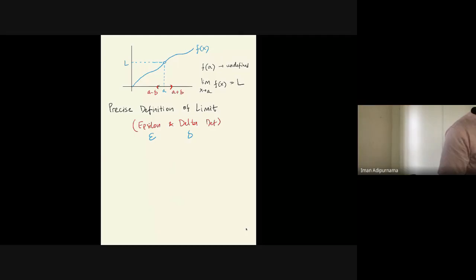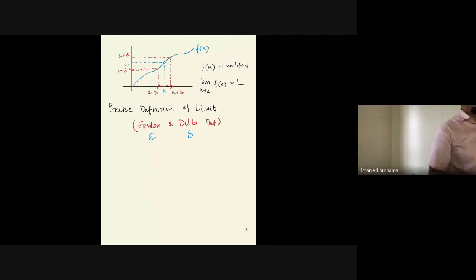This area here. So when you are dealing with delta, it will also affect the f of x. So from here, the L also changes by a small number. We call this number epsilon. So this is L minus epsilon, and this is L plus epsilon.